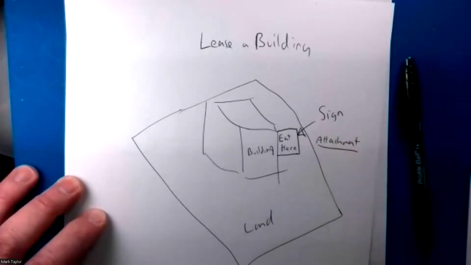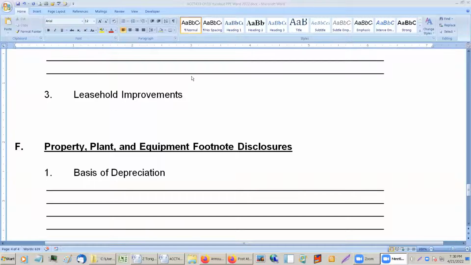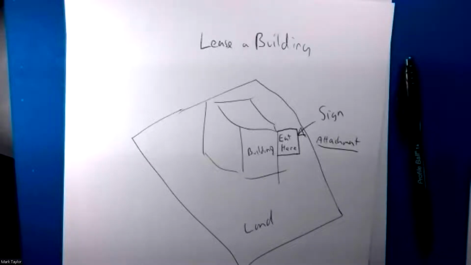It's a legal term: if something is attached to a building, whatever's attached to the building is the property of the owner of the building. So if we're leasing this building, we put up a sign that says "Eat here." That sign, the minute we attach it to the building, belongs to whoever owns that building. It's an attachment.